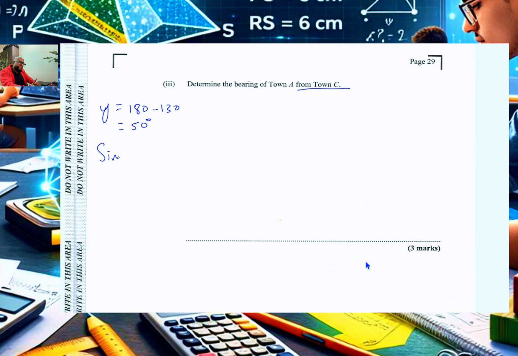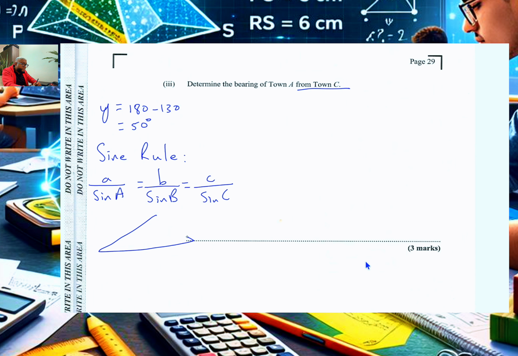So sine rule, because some people see this for the first time: small a over sine capital A will be equal to small b over sine capital B, which is equal to small c over sine capital C, right? It applies to any triangle that is not a right angle triangle, right? If here's capital A, here will be small a.